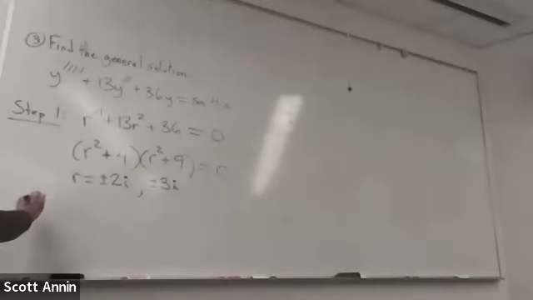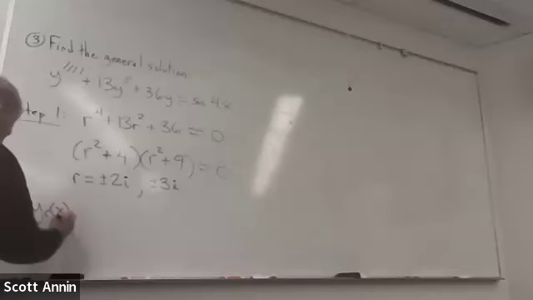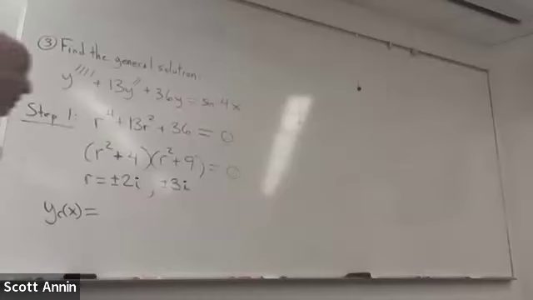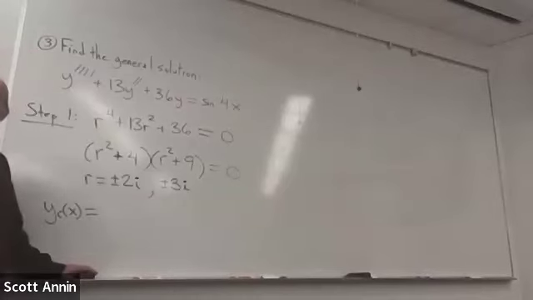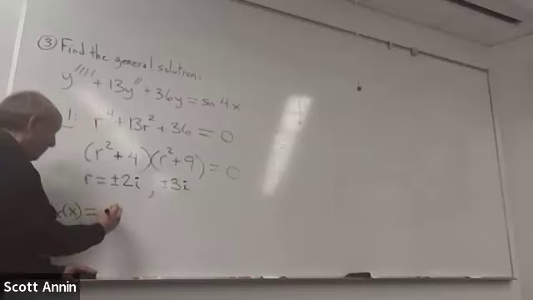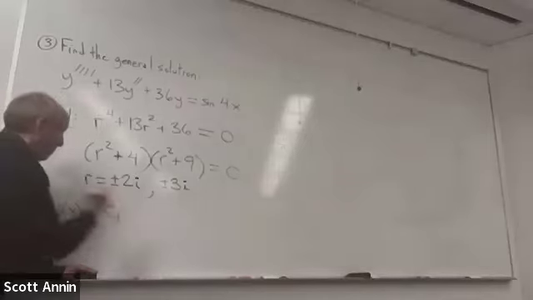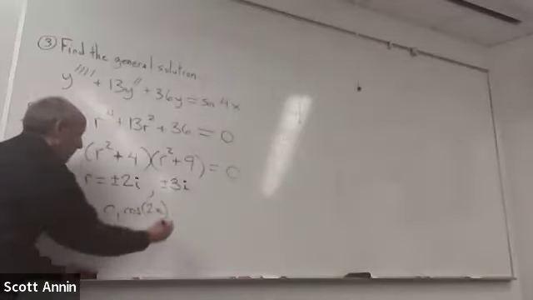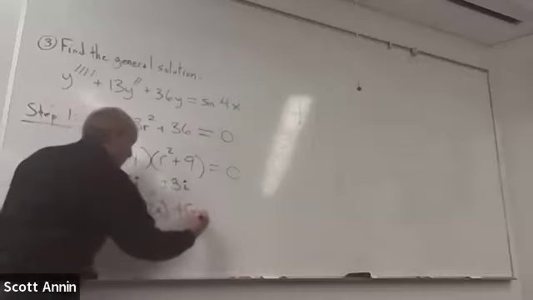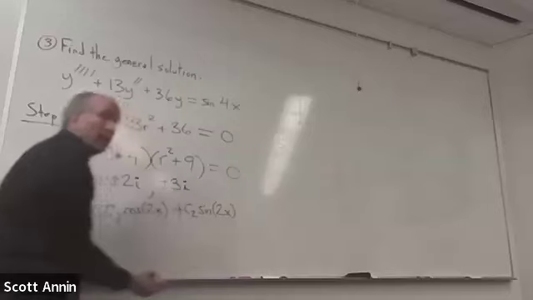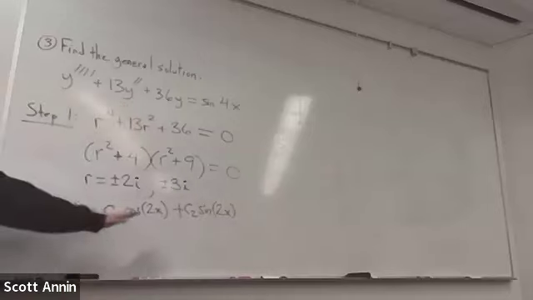And so I'd like to try to write down the form of the complementary function now based on those roots. Does anybody want to give me a stab on the first term? Nathan? C1 cosine 2x plus C2 sine 2x. Okay, why don't I stop you there? Is everybody good so far?